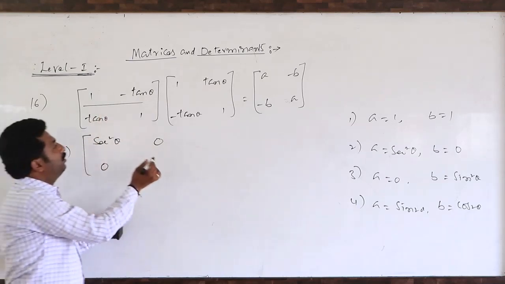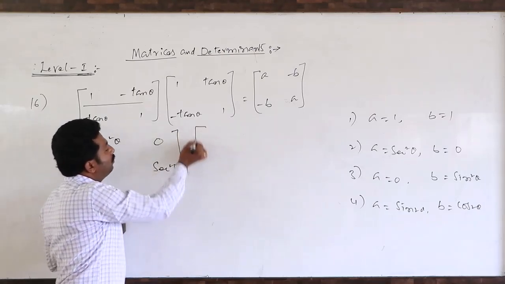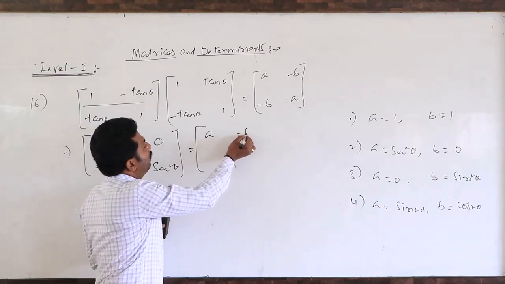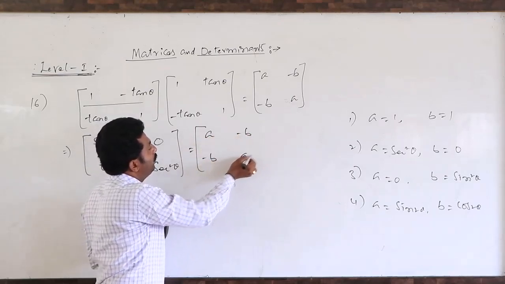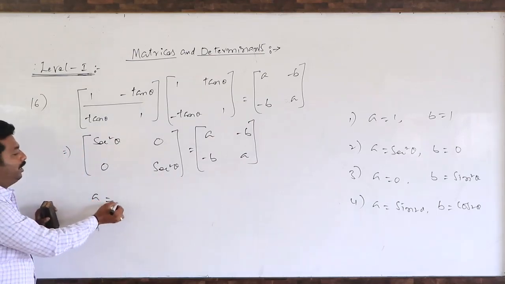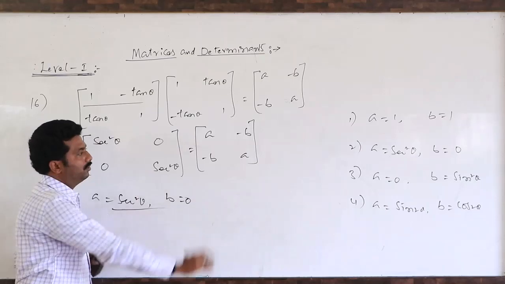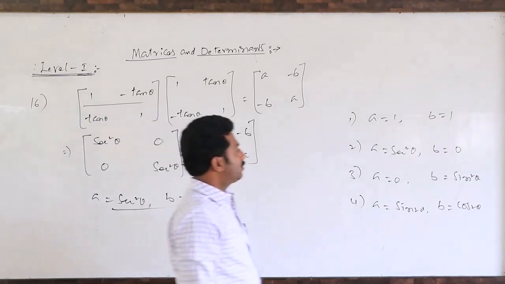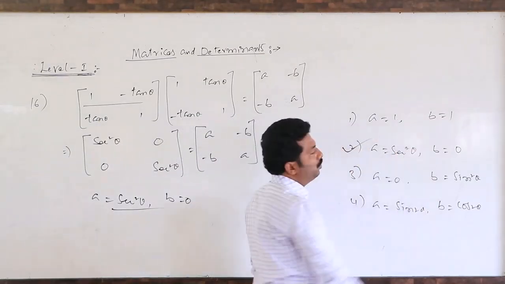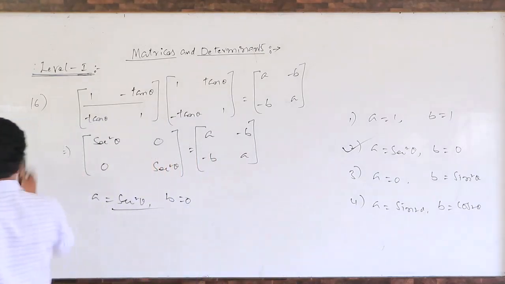Second row, second column again secant square theta, which equals the matrix [a, minus b; b, a]. So a equals secant square theta, b means 0. We can give the second option as the answer. Next.